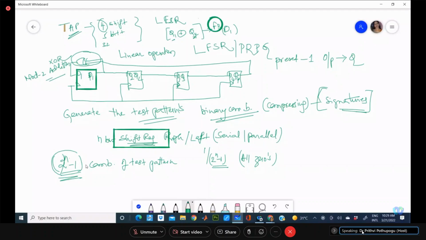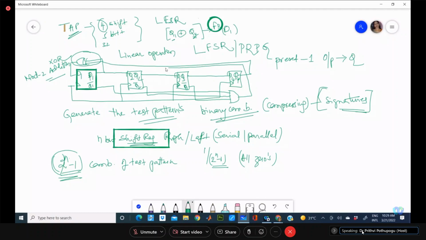Then what about that all zero pattern? If I take the Q bar elements, Q2 bar, Q3 bar, that means n minus 1 negated outputs, and I take them back into the XOR input, I'm making this system ready for generating all zeros.